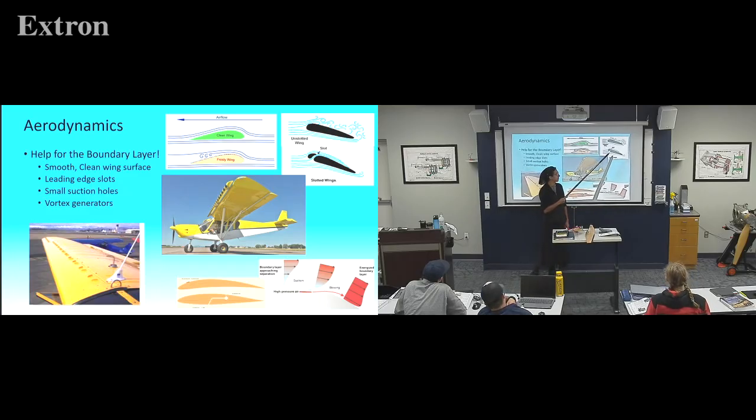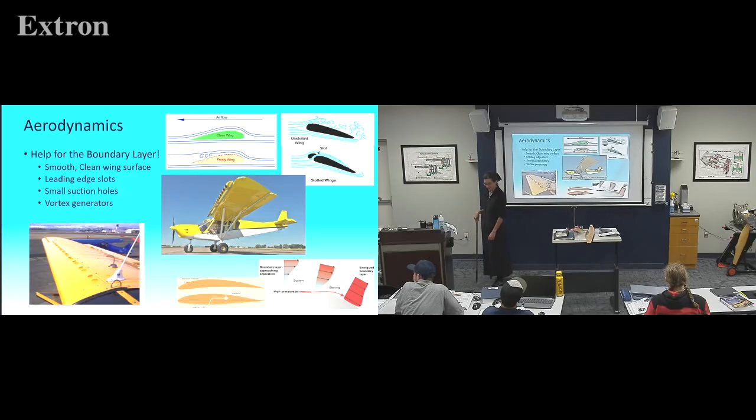It is a venturi. So what's happening to our pressure? It is decreasing. So that's drawing that right up and then sucking it down to the wing. So that's slots.